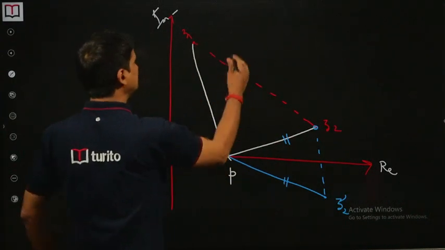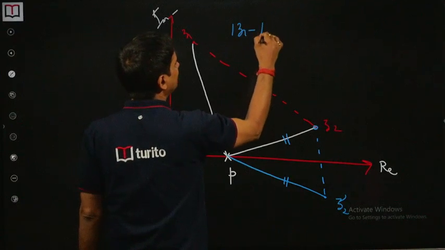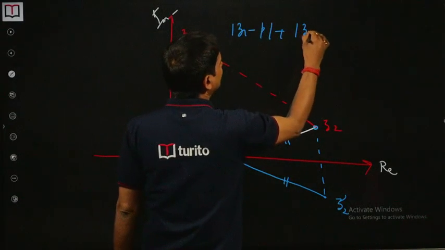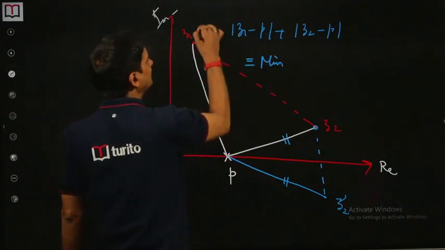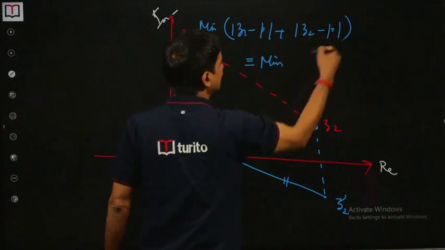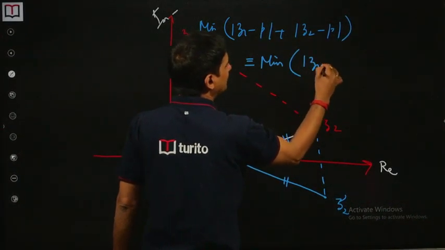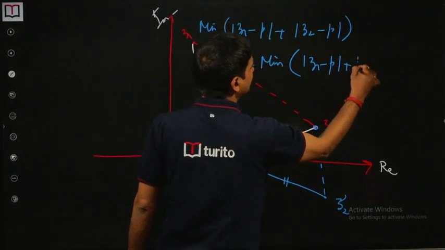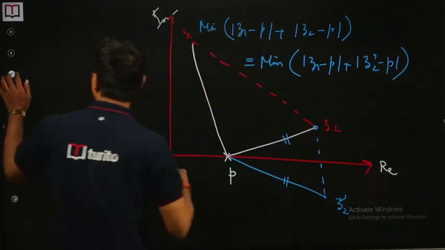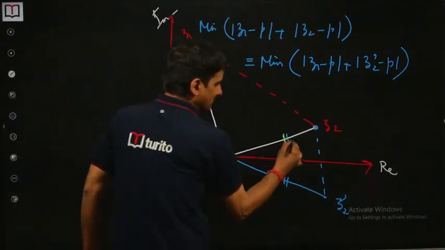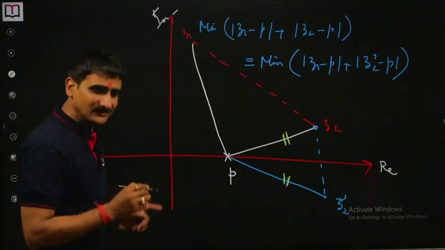So the minimum of mod Z1 minus P plus mod Z2 minus P is the same as the minimum of mod Z1 minus P plus mod Z2 dash minus P. I think all of you will agree, because these two are the same. Now we are done.